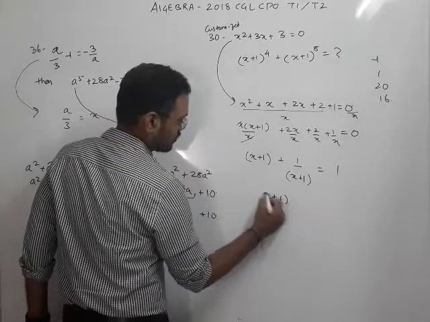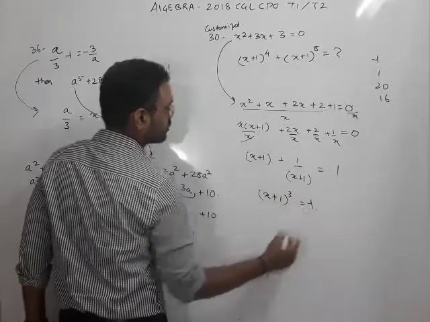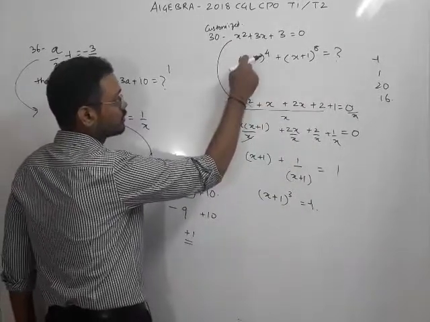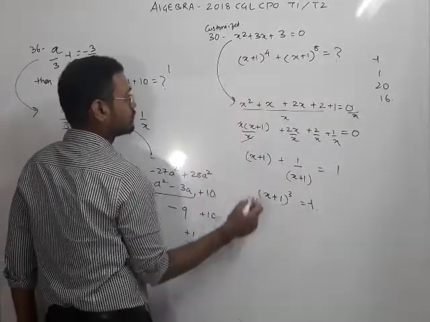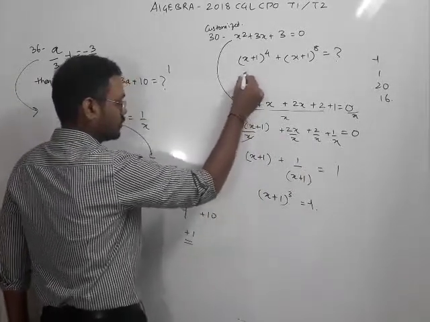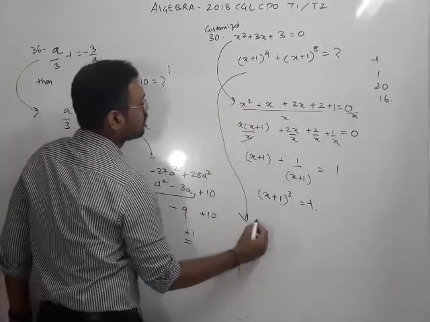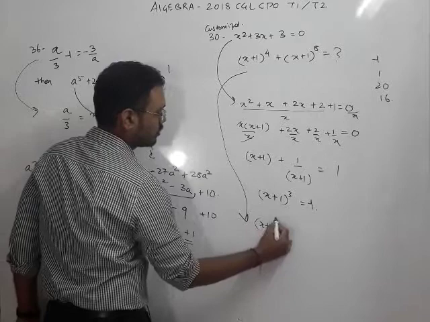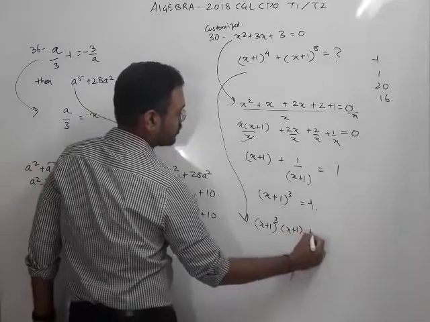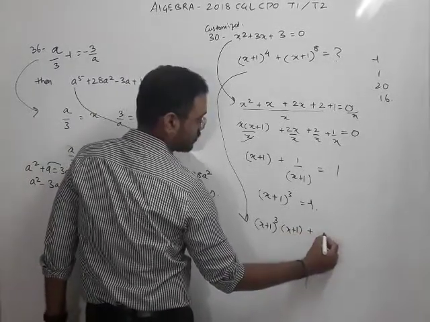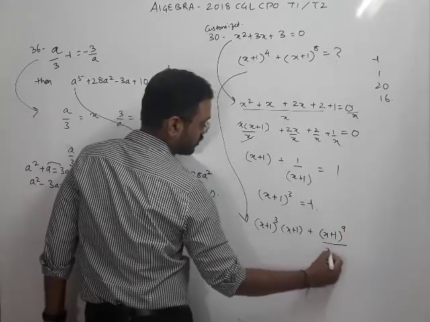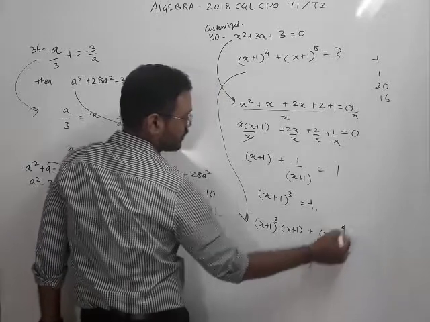There's some sign problem I have to recheck. This equation can be written as x plus 1 the whole cube into x plus 1, plus x plus 1 raised to 9 upon x plus 1. This will cancel and it will give 8.